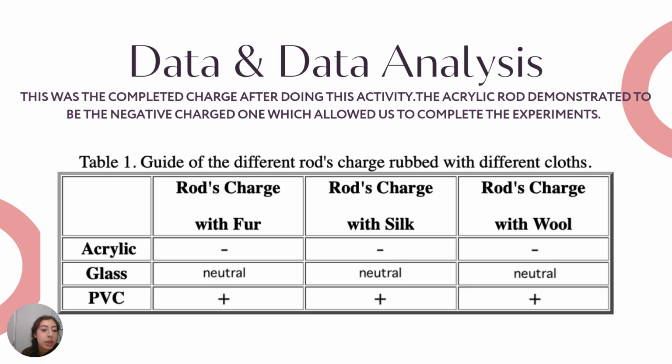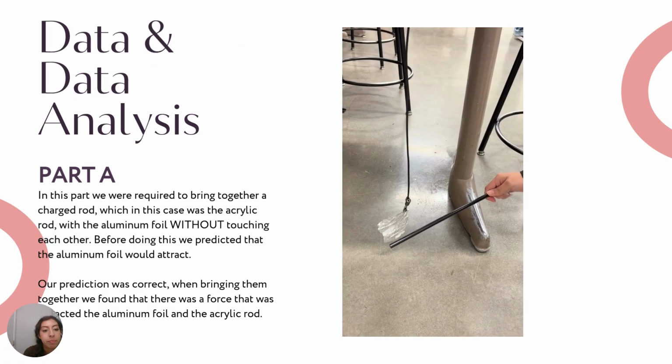And for the PVC, we did see that in some cases it would go more to the positive side. So after doing these experiments, we went ahead and chose the acrylic rod with the fur clothing to complete the other experiments.